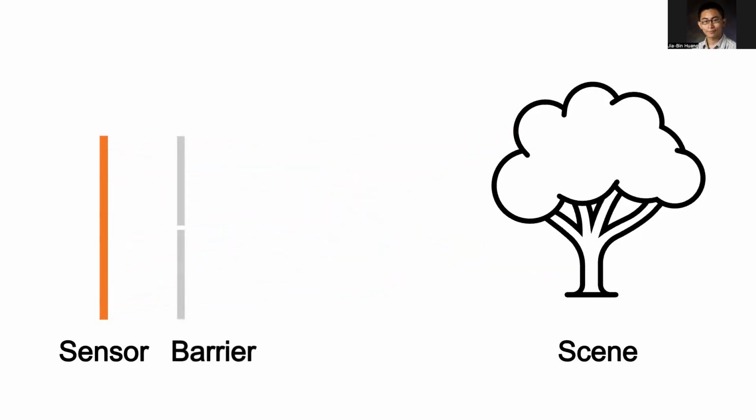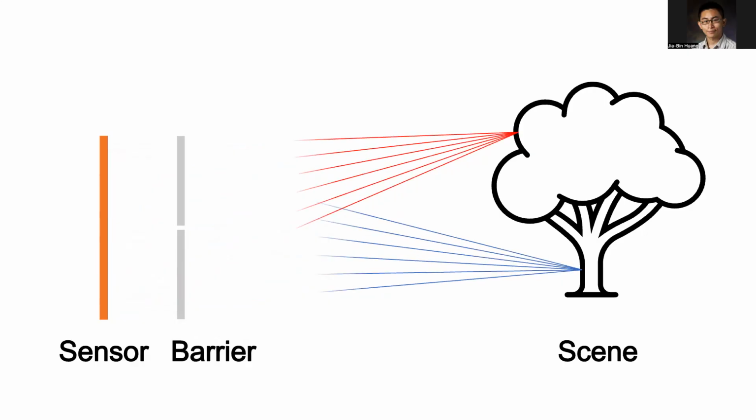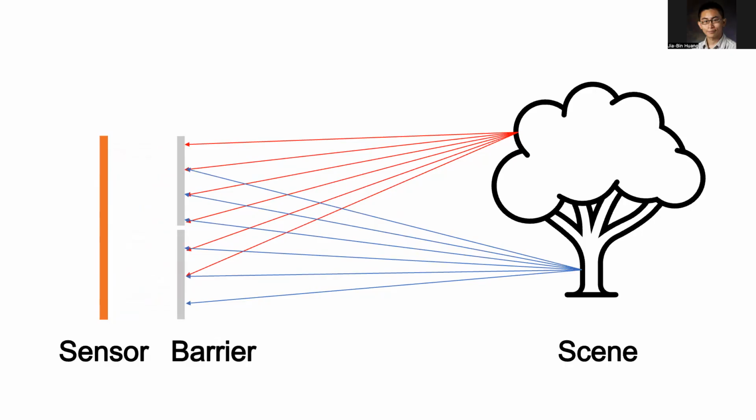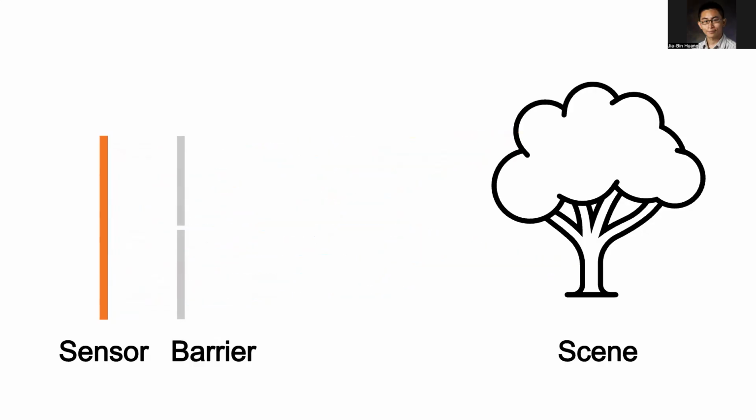I introduce a barrier in front of my sensor, so that now all the light comes through it. Most of the light will be blocked by the barrier, and only very few rays will pass through.